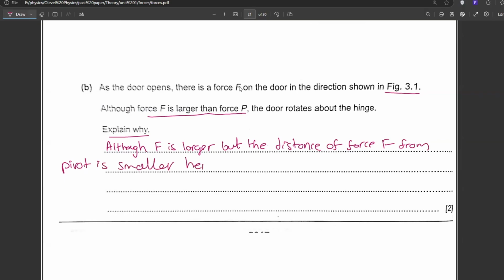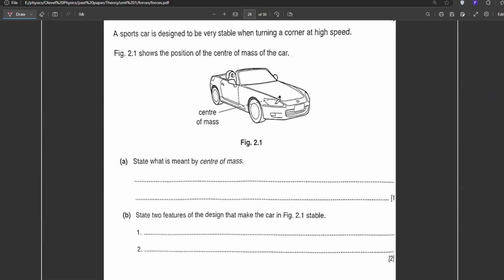Hence, the door rotates in the direction of force P. Simple as that. Okay, let's see this question.